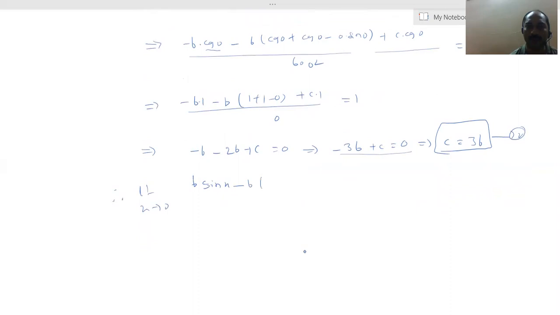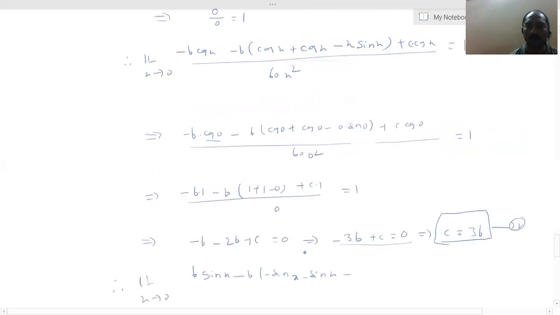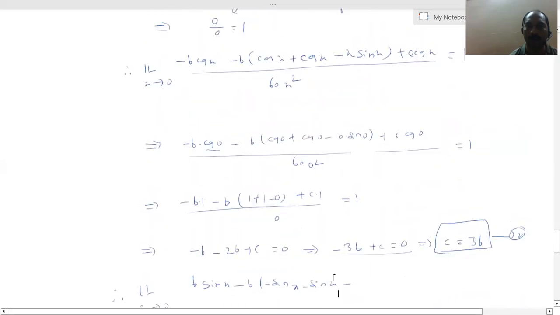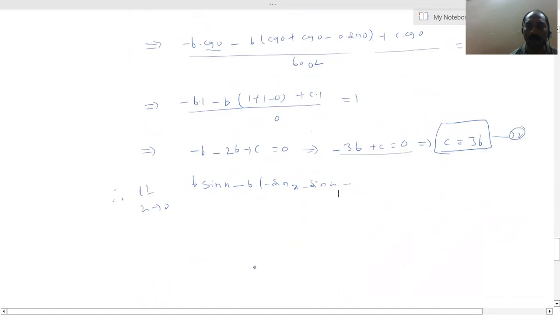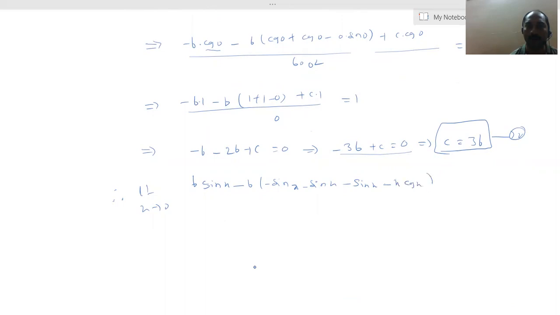Minus b times minus sin x, minus of x into sin x derivative. The derivative of x into sin x becomes the derivative of the first function into the second function, minus of sin x, plus the derivative of the first function, cos x, within the braces.